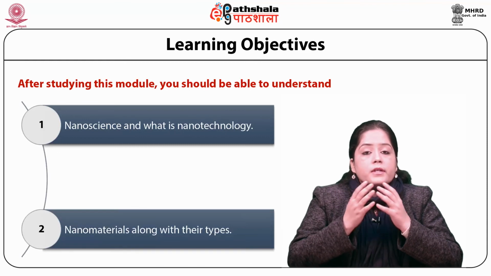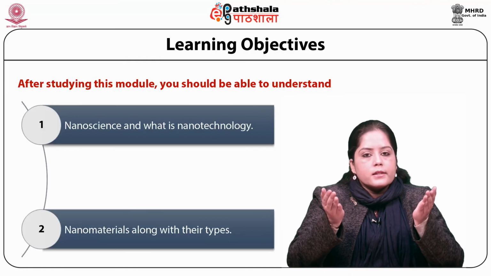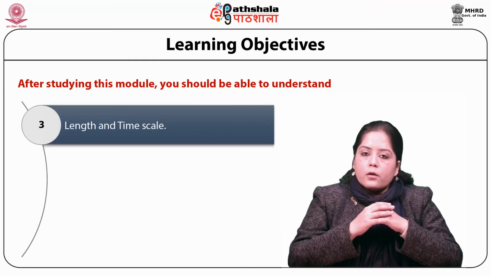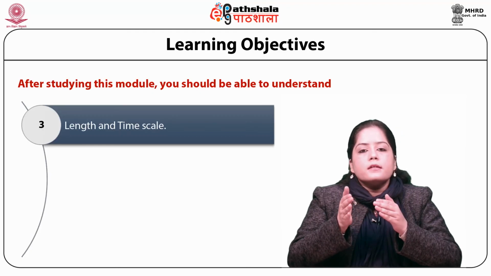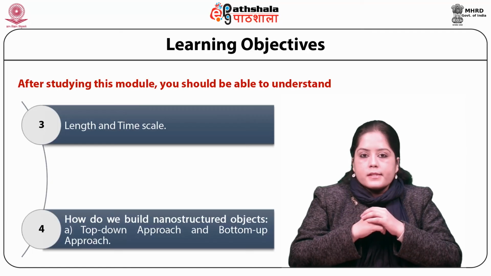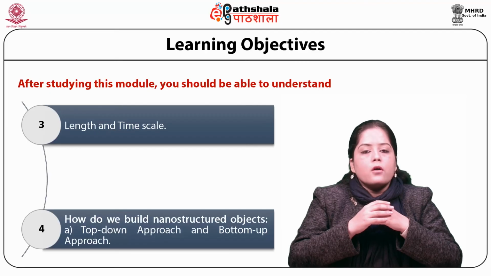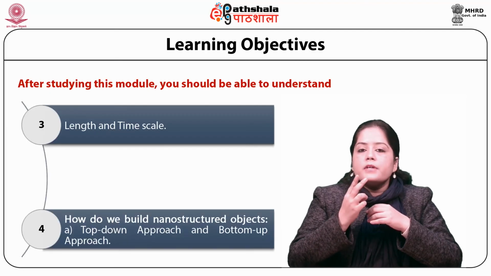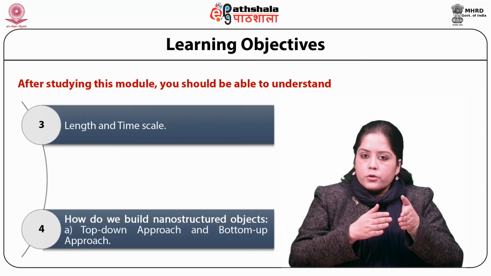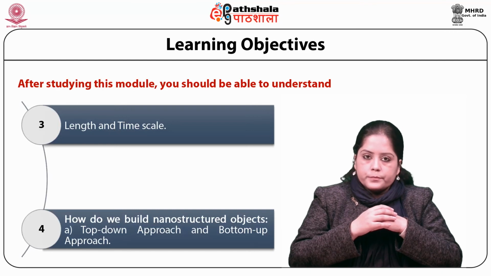Secondly, we will discuss the nanomaterials along with their types. Third, we will also discuss the length and the time scale. Lastly, we will discuss how we build nanostructured objects. We'll discuss two methods in this: first is the top-down approach and second is the bottom-up approach.